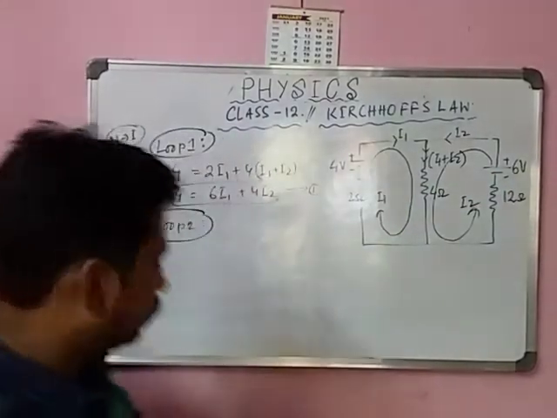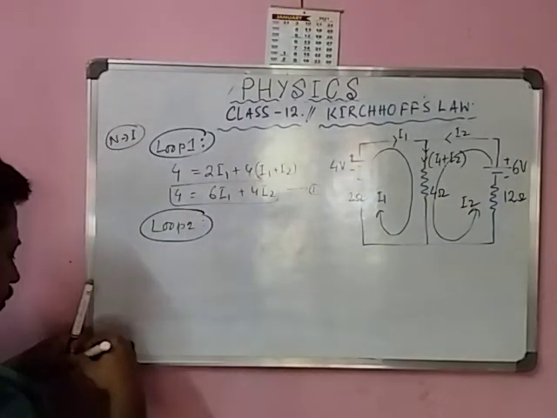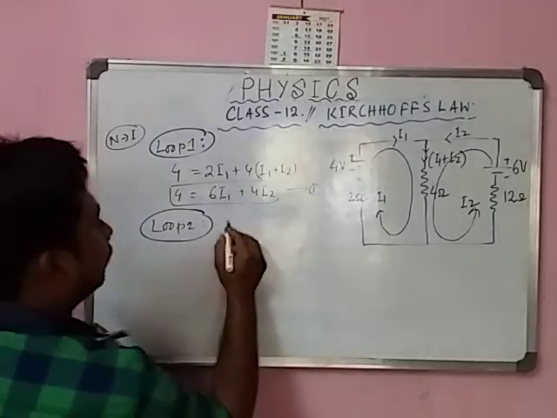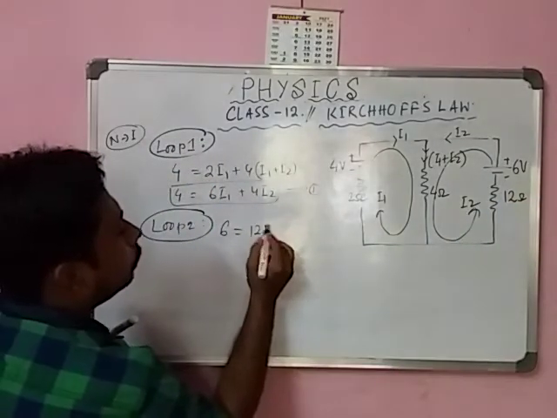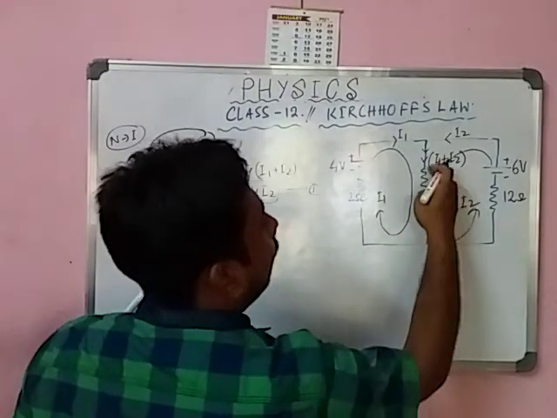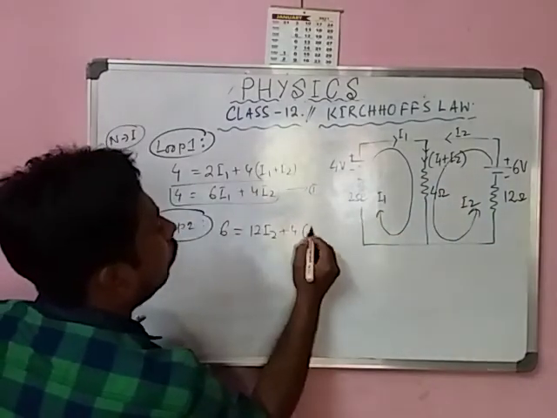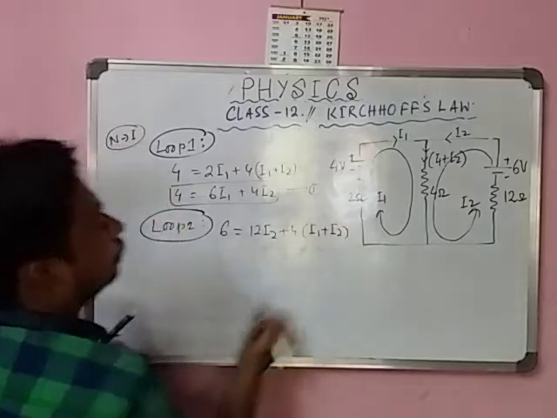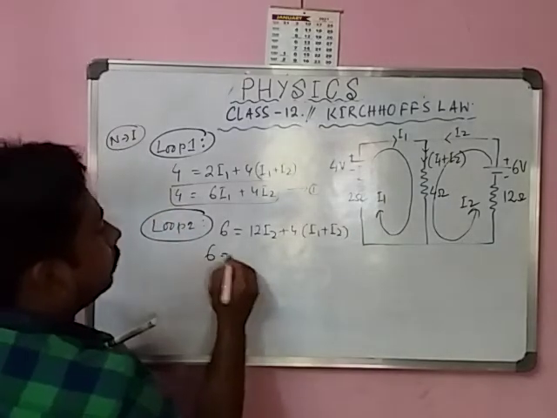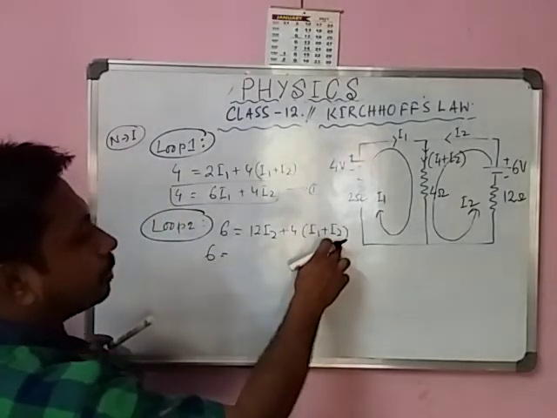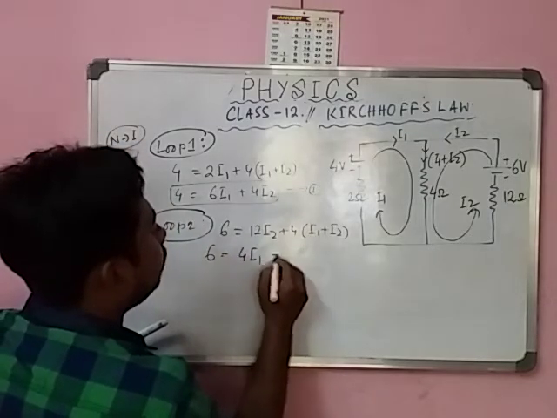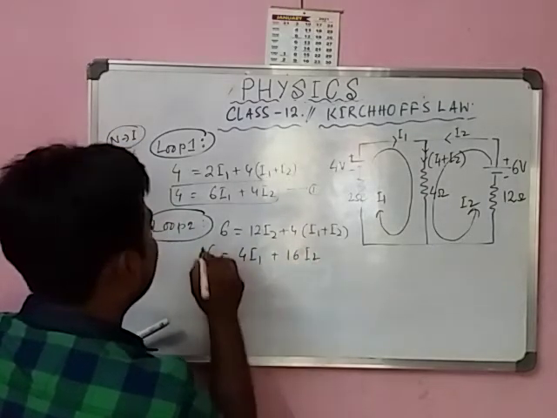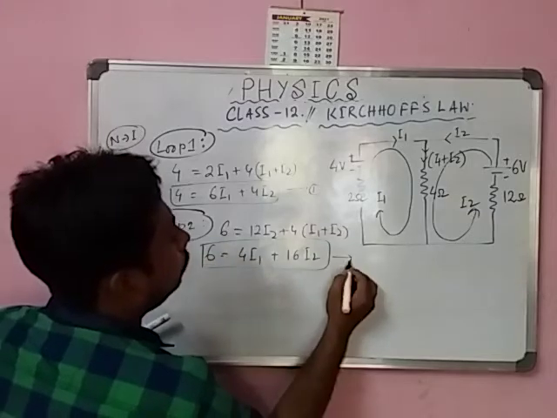So 6 equals 12 into I2 plus 4 into I1 plus I2. Simplify: 6 equals 12I2 plus 4I2, which is 16I2, plus 4I1. So 6 equals 4I1 plus 16I2. This is equation number 2.